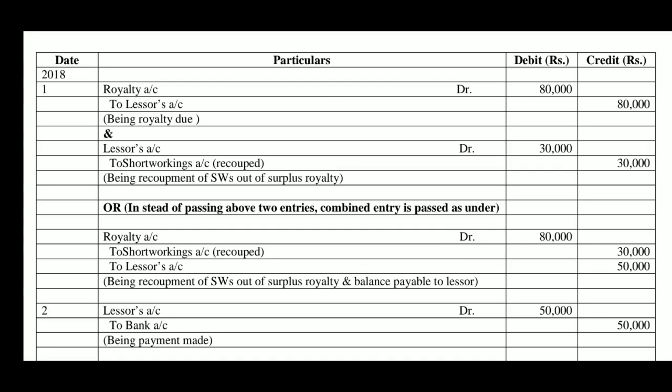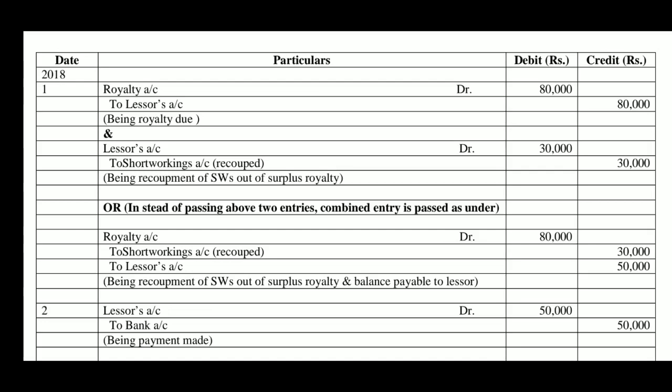See the first entry, royalty account debtor with the amount of actual royalty 80,000 to lessor's account 80,000 being royalty due. Now, for the purpose of recoupment, second entry is passed, lessor's account debtor to short workings account 30,000 rupees being recoupment of short workings out of surplus royalty.